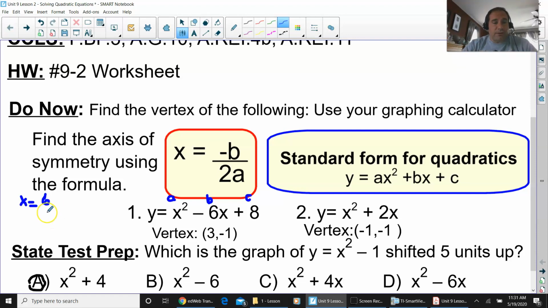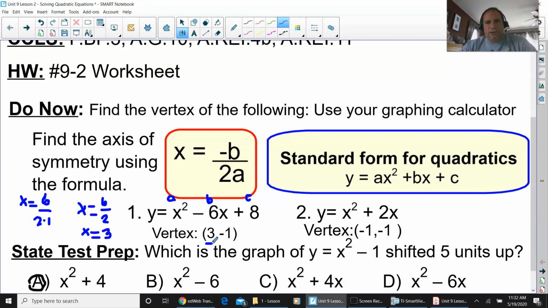And so I'm just going to put a +6 up there because it's -6. So that's 6 over 2 times a, which is 2 times 1. Sorry, wait a minute. I'm losing my mind a little bit. It is 6 over 2. 6 over 2 is 3. And you see x equals 3, and that vertex, I mean, that x is 3.